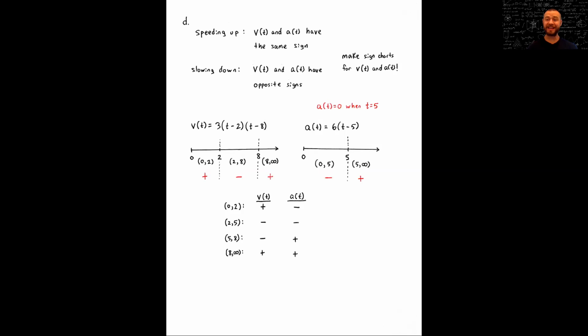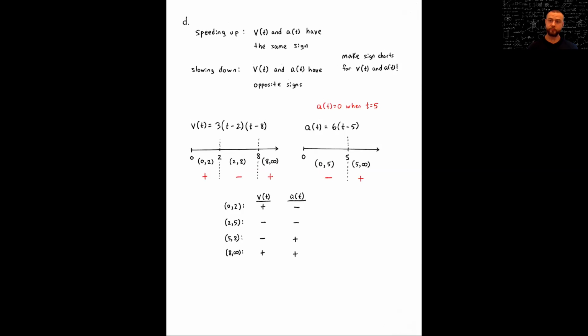So we get here our sign combination on that interval 0 to 2. Velocity is positive, acceleration is negative. And if you refer to your sign charts above, you should get these signs just reading it off your sign chart. And we're pretty much done with this question.